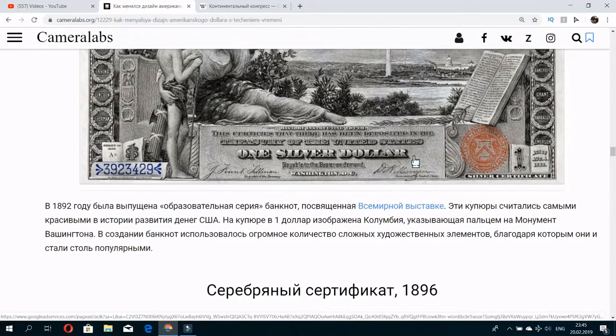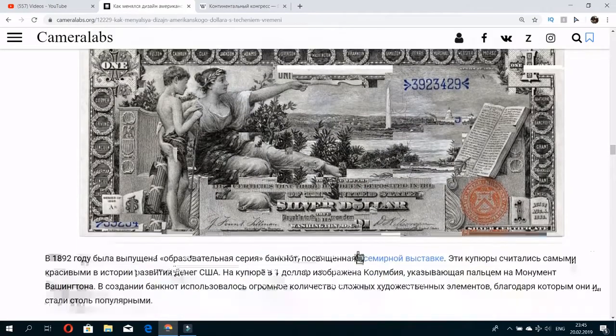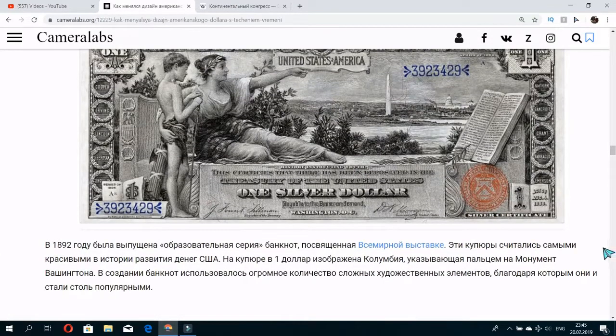But let's continue. In 1892 there was an educational series of banknotes that was dedicated to the world exhibition, and those banknotes were the most beautiful in the history of development of the U.S. money.